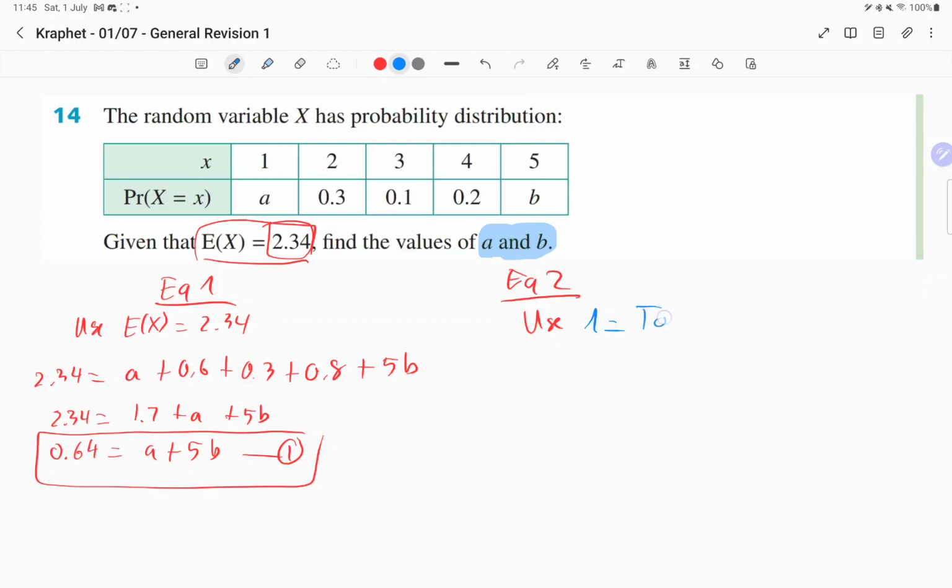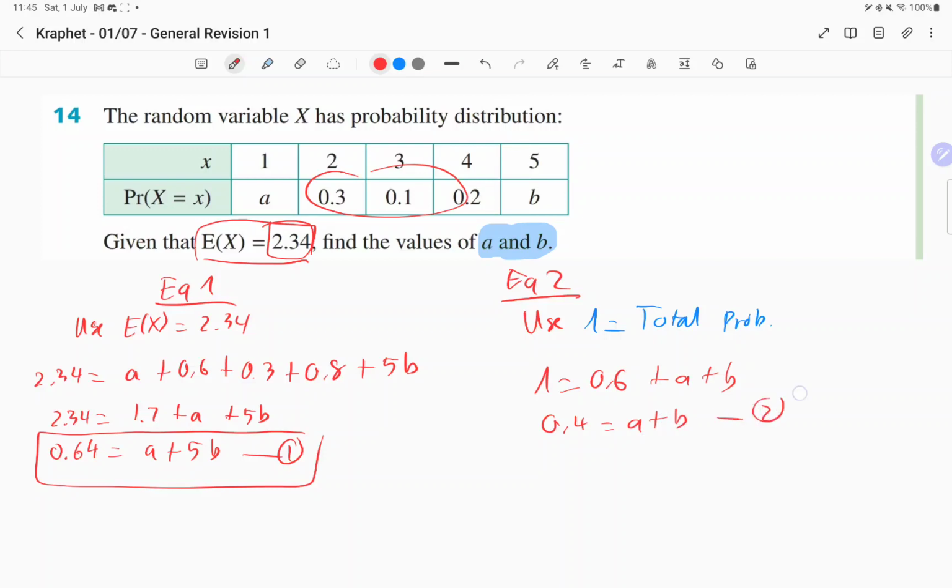Plus A plus B. A plus B, yes. Alright, so 1 equals to total probability. So 1 equals to 0.6, which is the sum of these three, plus A plus B. So A plus B would be 0.4 equals to A plus B.